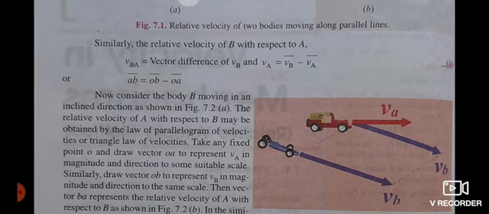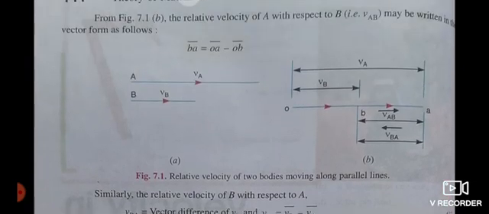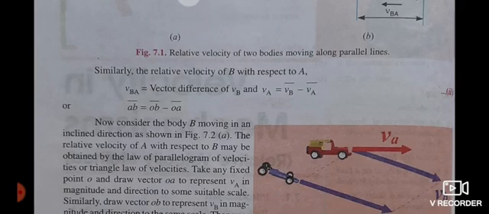So this comes as vector VB minus vector VA. This is equation number 2, or vector AB equals OB minus OA. Initially it was vector BA; this one is vector AB.